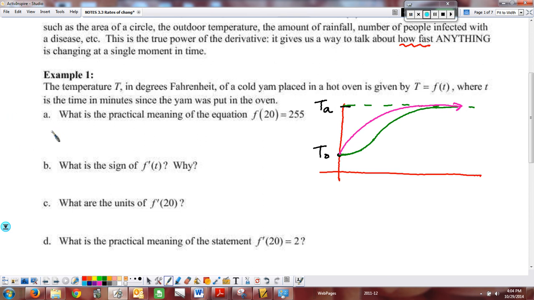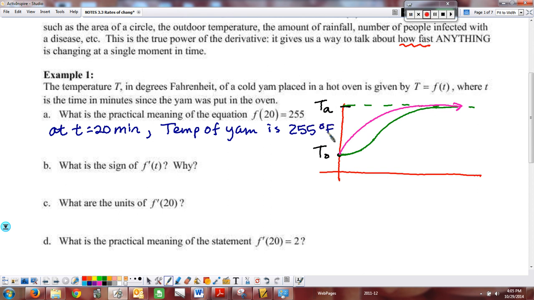Now in AP, you've got to be referencing a moment in time or an interval of time. So in this, we would say at time t equal to 20, and you always have to make sure you include units, at time t equal to 20 minutes, then you have to follow it with what you are talking about. What is this 255? That would be the temperature of the yam is 255 degrees Fahrenheit.